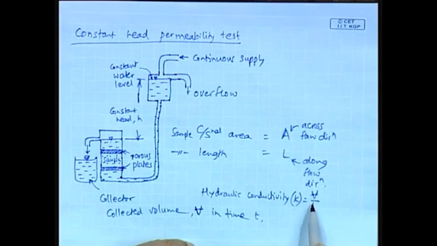So this will give the discharge divided by the area, that will give the velocity, and divided by the hydraulic gradient. So that is H by L.